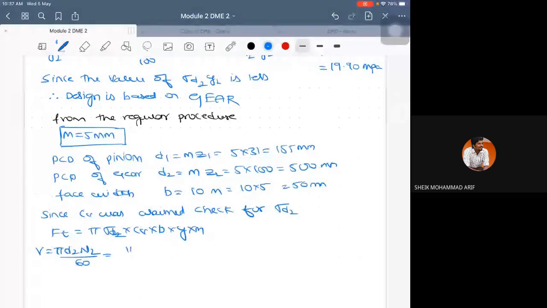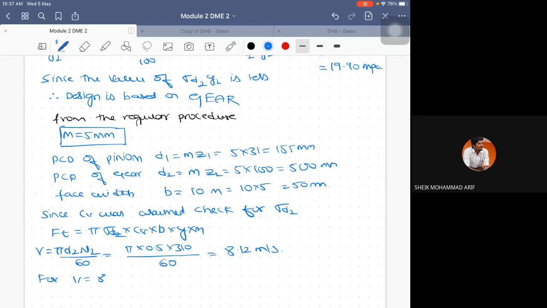That is equals to pi cross 0.5 cross 310 divided by 60. That is equals to 8.12 meters per second. So taking Barth's formula for velocity, you have CV is equals to 4.58 divided by 4.58 plus V, that is equals to 4.58 divided by 4.58 plus 8.12. So CV value is 0.3606.